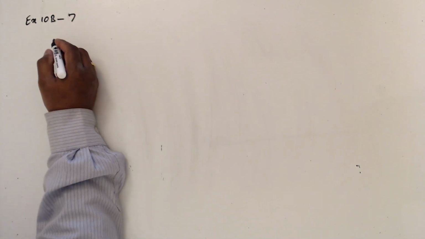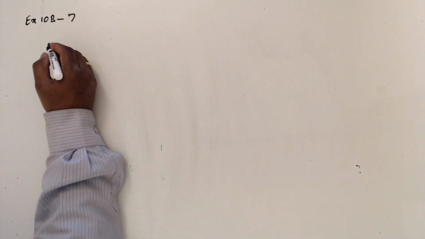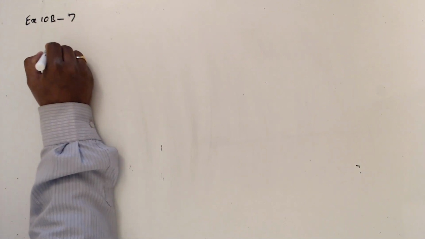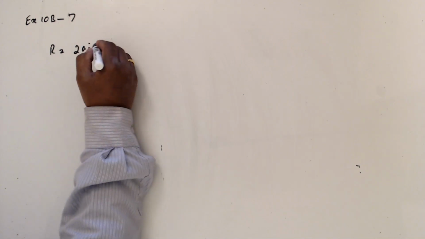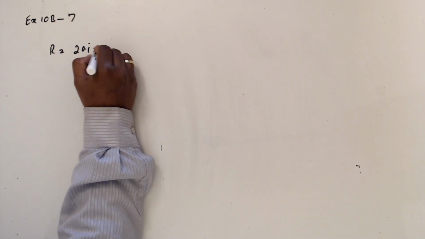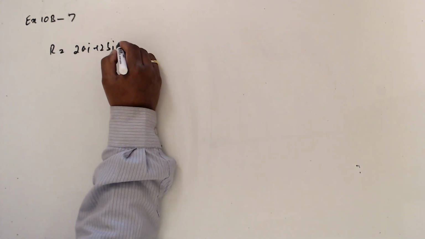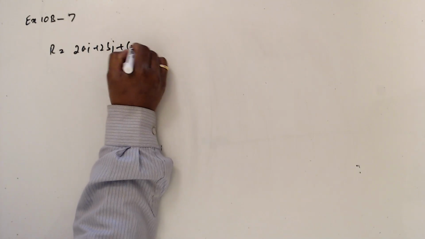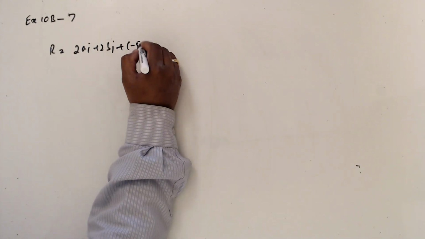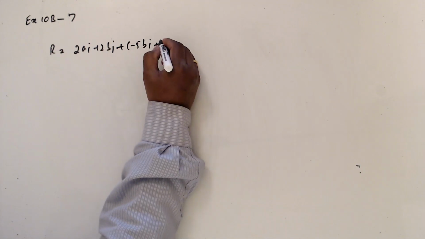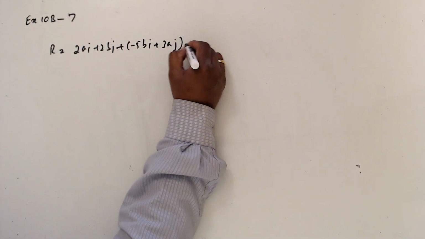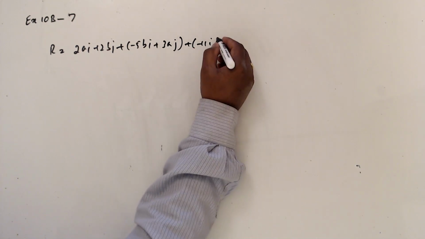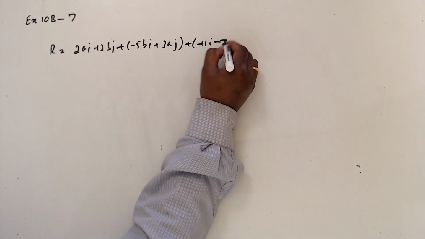Number 7, that is also the same type of sum. So R equals 2ai plus 2bj, plus minus 5bi plus 3aj, plus minus 11i minus 7j.